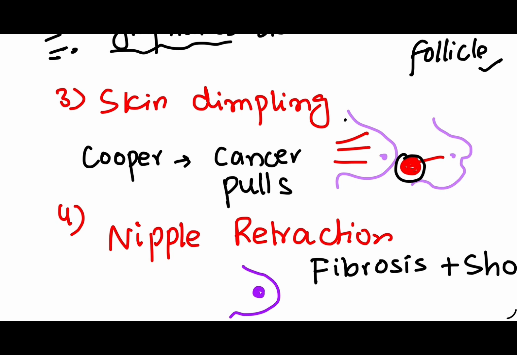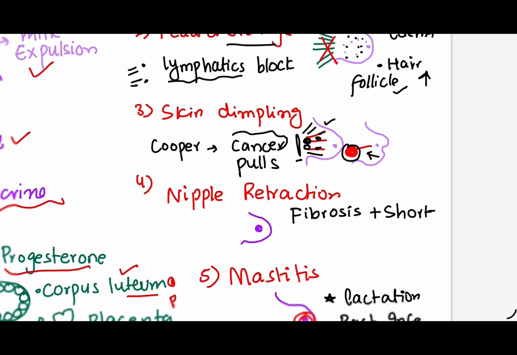We have discussed that there are lots of fibers going from the dermis to the deep fascia, and whenever there is a cancer going on, these ligaments of Cooper are going to contract, and they're going to pull the skin inward. That pulling of the skin is called skin dimpling of the breast, and that shows the carcinoma has progressed.